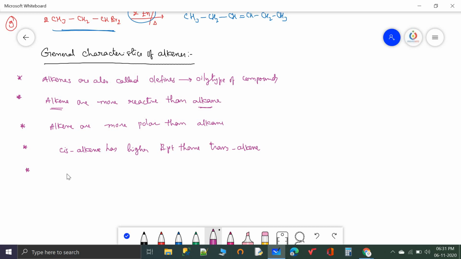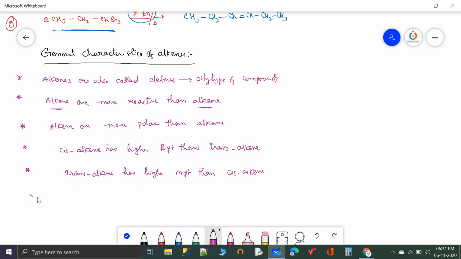But when it comes to the melting point, trans alkene has a higher melting point than cis alkene.